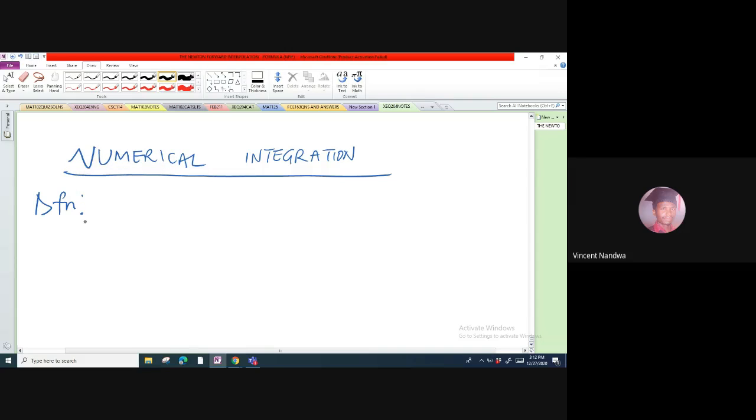So, this is the process of evaluating a definite integral from a set of tabulated values of the function. So, it's in the process.